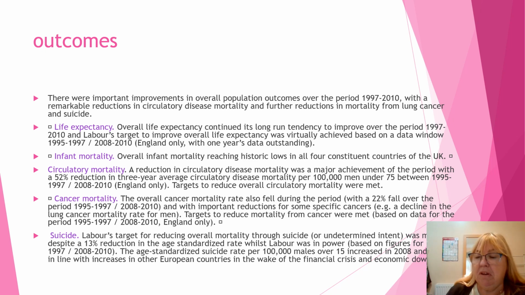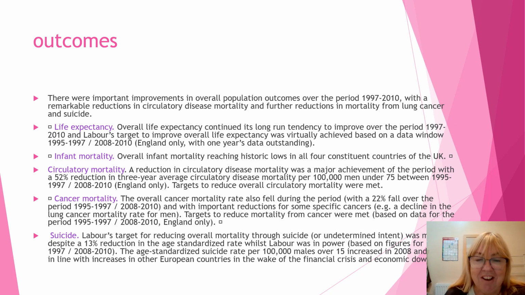Well, there is a thought that the smoking ban probably had something to do with the massive increase in the under 75s, reducing heart and lung disease, probably. Overall cancer mortality also fell during the period, a 22% fall over both periods, really, and some important reductions for some specific cancers.